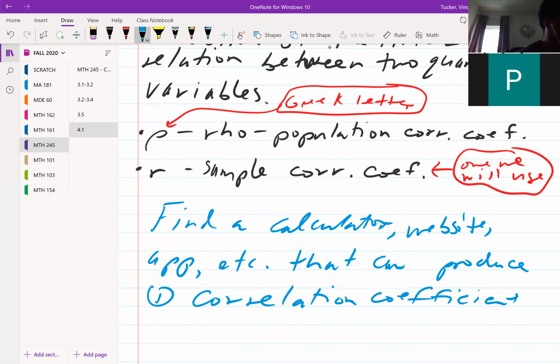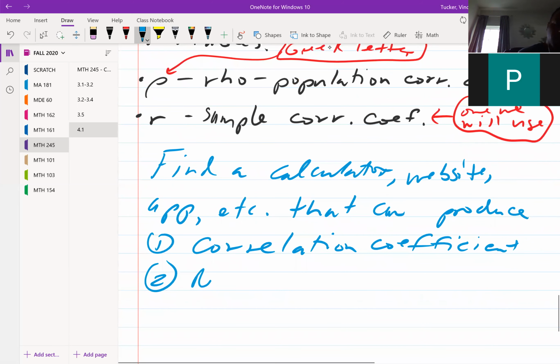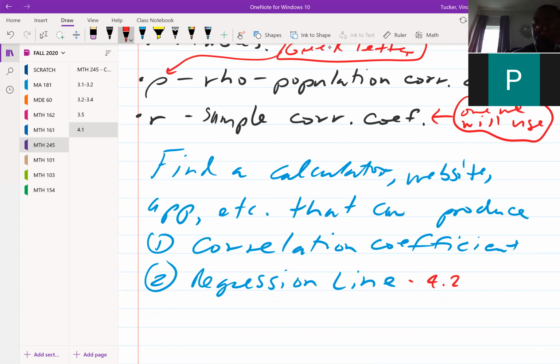And what's my other one? Regression line. So regression lines are out of 4.2. Correlation coefficient is out of this section. So we haven't talked about a regression line yet, but I'm just going ahead and putting it out there.